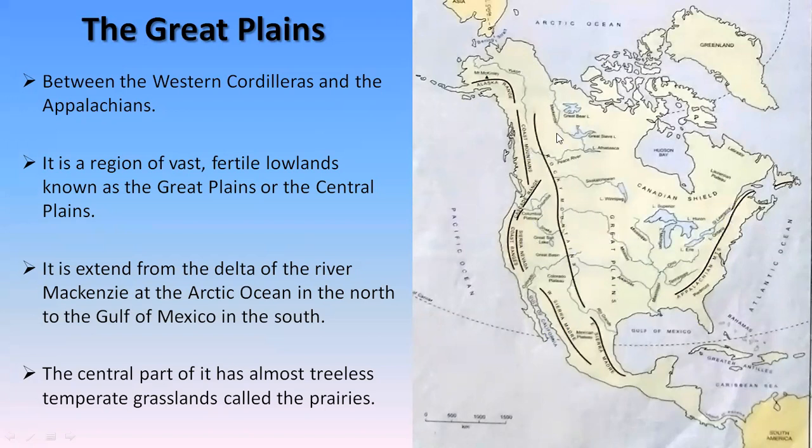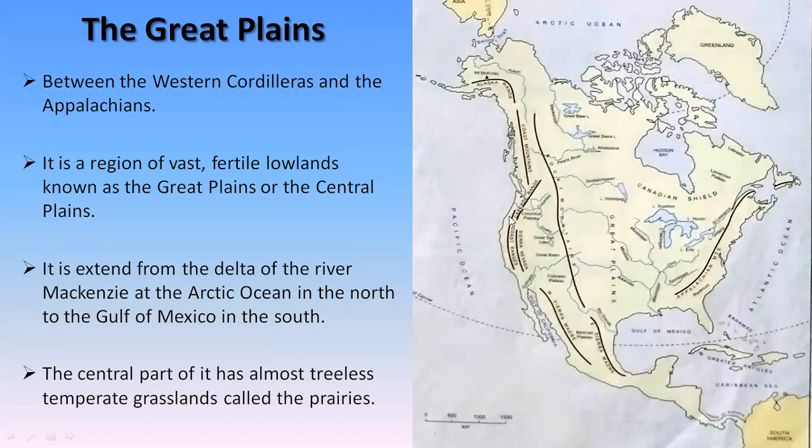Great Plains is a very vast area of fertile lowland. The Great Plains also have another name, the Central Plains, because it is located central to northern North America.